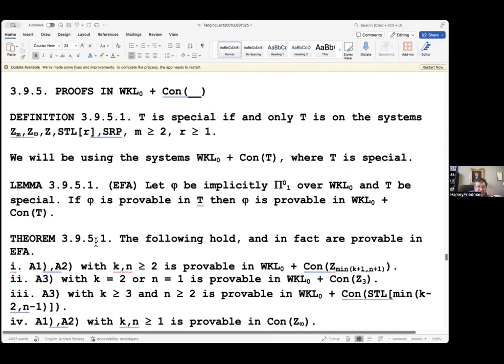The way you get this is by showing that if phi is provable in T, then phi is provable with Con T under a suitable hypothesis. If phi is implicitly Pi zero one over WKL naught, and T is special, which doesn't mean very special, it just means it's a decent, adequate formal system, then if phi is provable in T, then phi is provable in WKL naught plus Con T. And then you just simply transcribe everything.